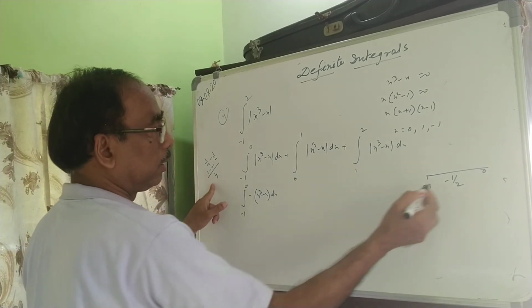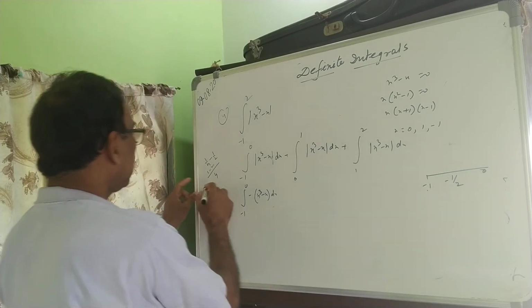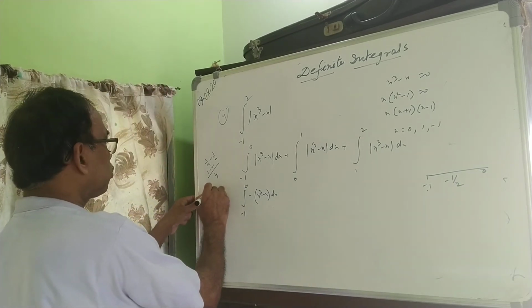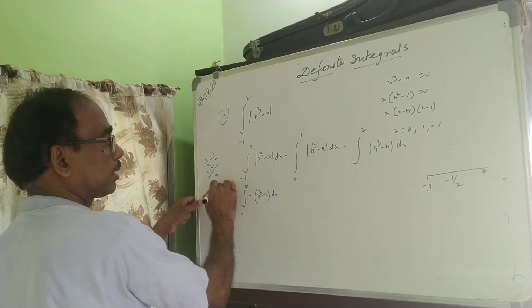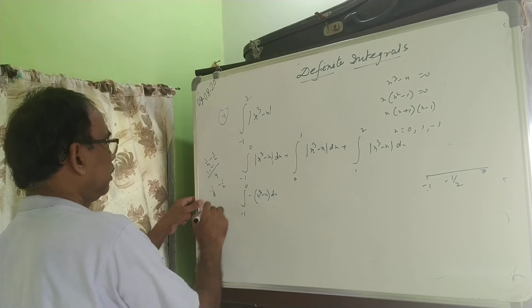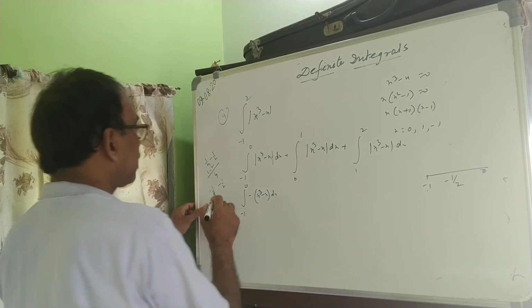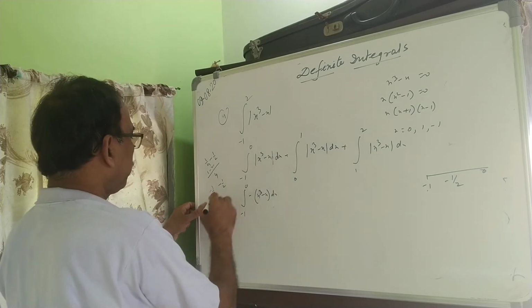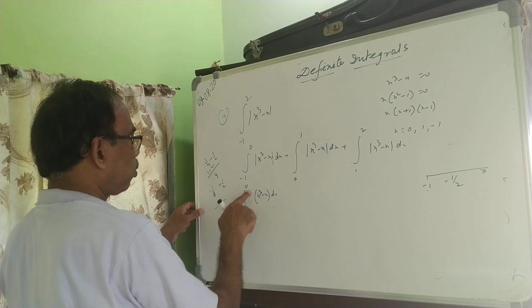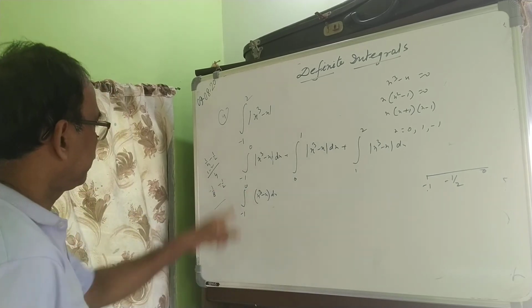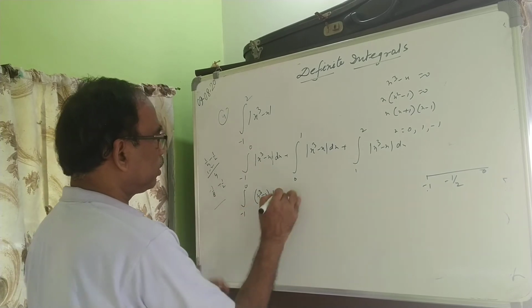So the x value is minus half: minus half whole cube is minus 1 by 8, minus of minus half is plus half, that is positive. So if you remove the modulus, it will be positive.